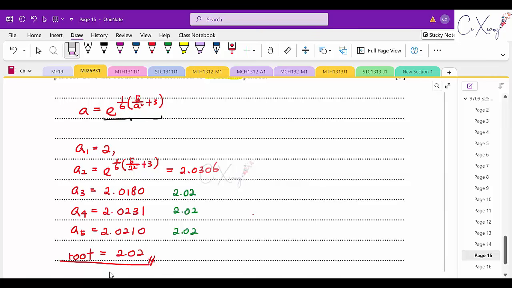This is how you check and verify that you can stop. So you cannot stop until you get the repeated value, right? If you are using a value that's very far away from 2 and 2.1, then your iteration might be slightly longer, okay? Yeah, so this is how we solve question number 9.